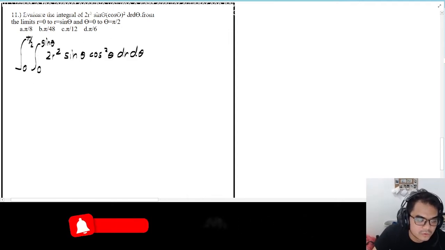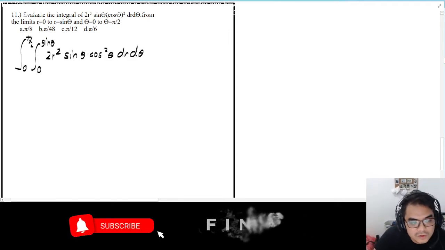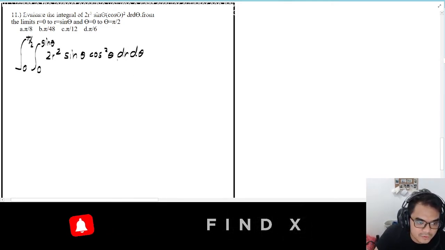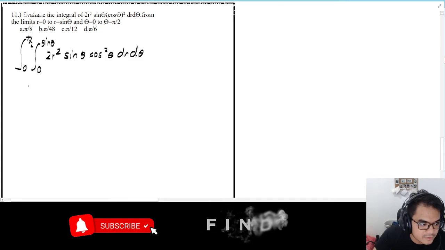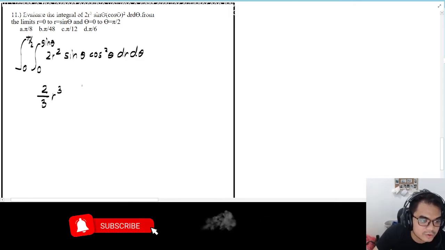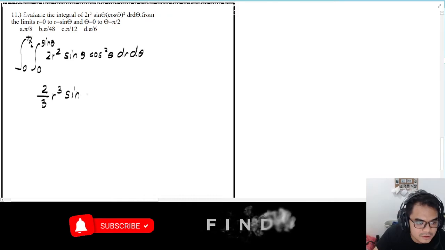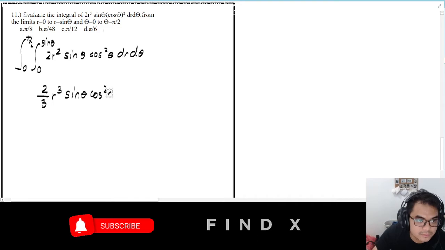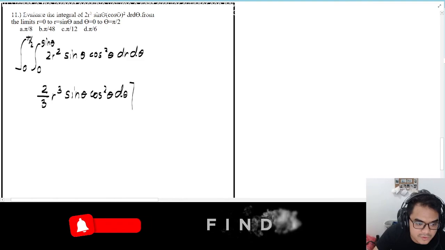Okay, so remember, if you are evaluating multiple integrals, you have to start from the core, the most inner part. So we have to start from the dr. Starting from there, the integral of 2r squared will be equal to 2 thirds r cubed, sine theta cosine squared theta d theta, from limits of 0 to sine theta.